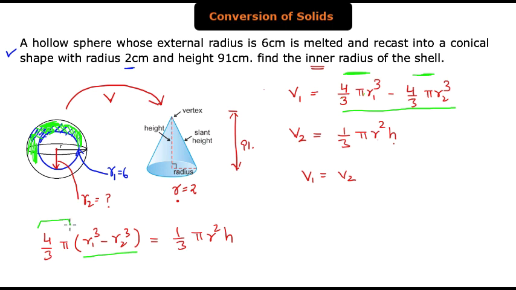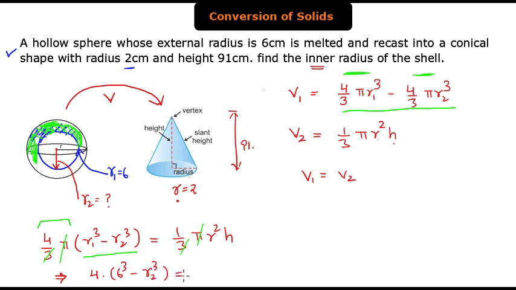And what remains inside the parenthesis is r1 cube minus r2 cube. So now let's cancel few things. 3 cancels and pi cancels. And let's substitute everything that we know of from this expression. So what remains from here is 4 times (R1 is 6, cube, minus R2 cube, which is unknown).